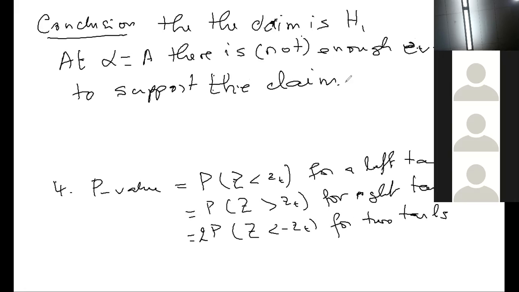Based on the decision, your conclusion will be at alpha equals to A, there is enough evidence or there is not enough evidence to support the claim. Here the claim is H1.